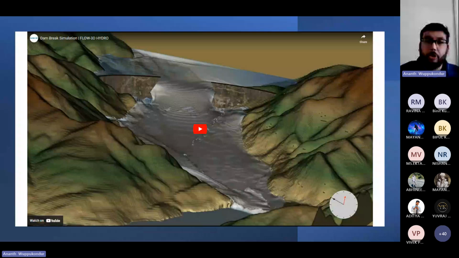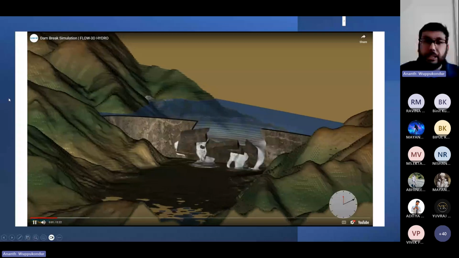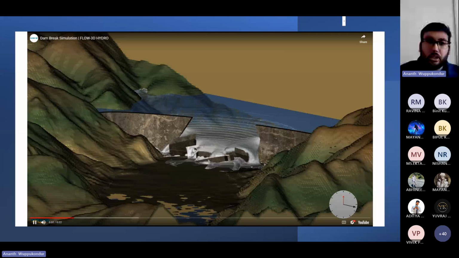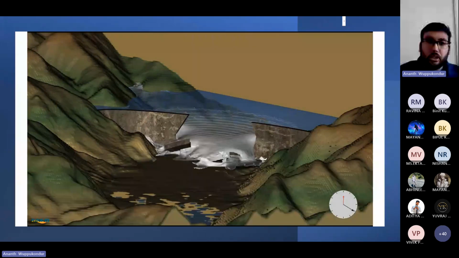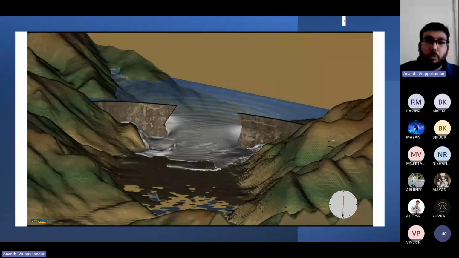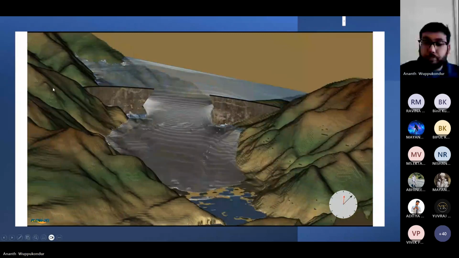Here you can see an example of a dam being breached and the flow from the dam is discharged into the downstream channel. This you can simulate using CFD nowadays, so you don't have to do complete analytical or theoretical analysis of the flow conditions.